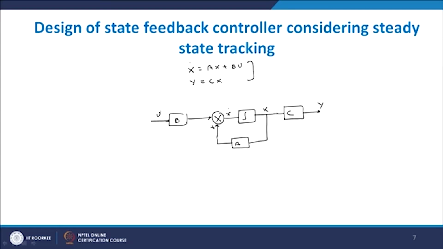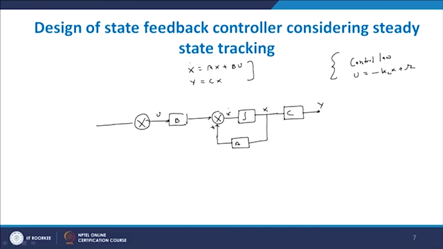So, here x dot equals Ax plus Bu and y equals Cx. Now, our control law is that U equals minus Kcx plus R. Here this is U, so this U is the control law.